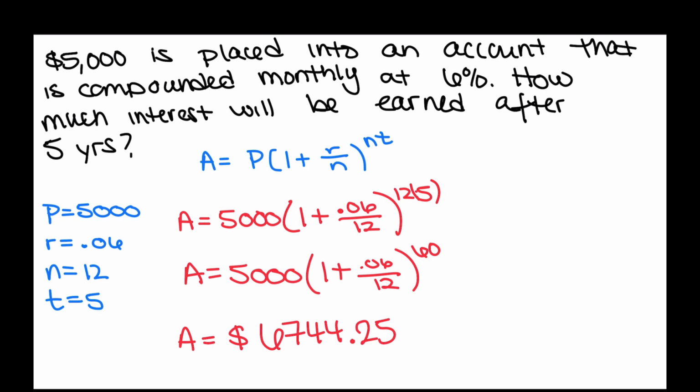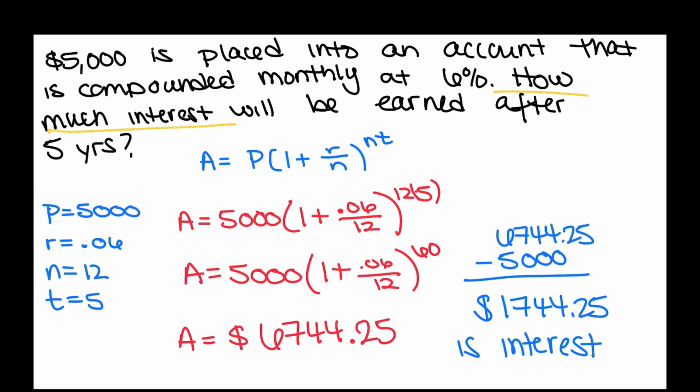$6,744.25. Now that's not actually my final answer because they're asking me how much interest will I have earned. And this $6,700 figure is the future value of my account. I started with $5,000. It grew to this $6,700. And so the amount it grew by is interest that I've earned.